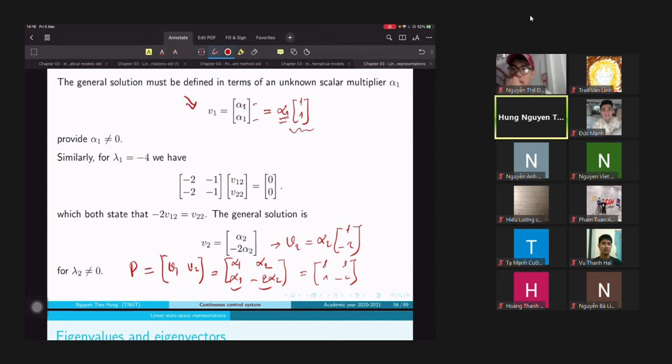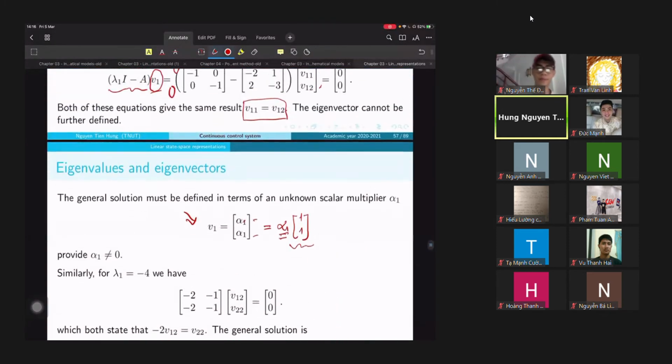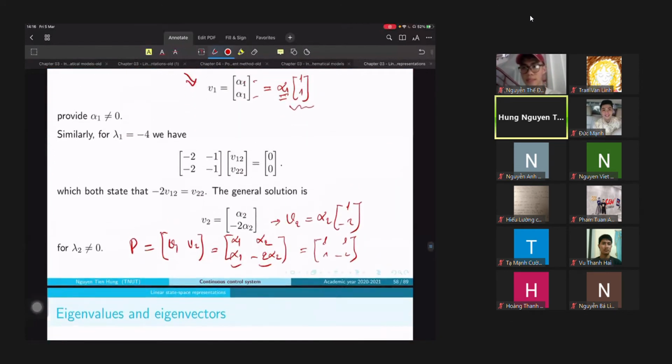Sometimes matrix A can be transformed into the diagonal form. If we get a Jordan matrix, you can transform A. I can find any P, and A equals P Z P minus 1.